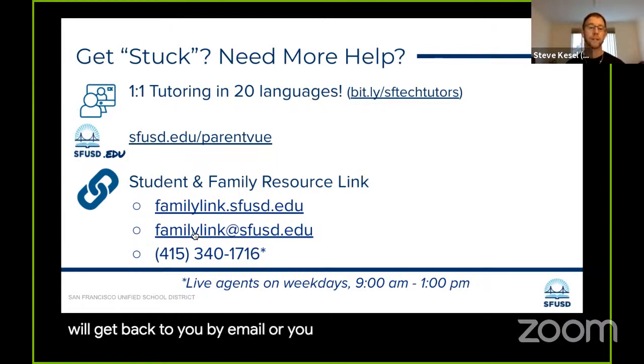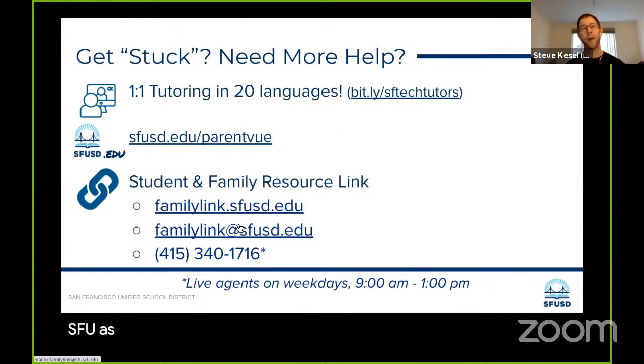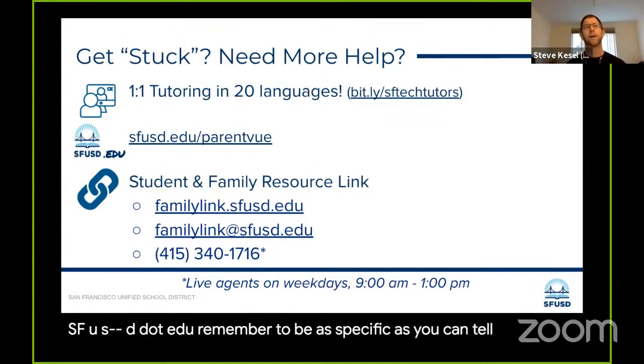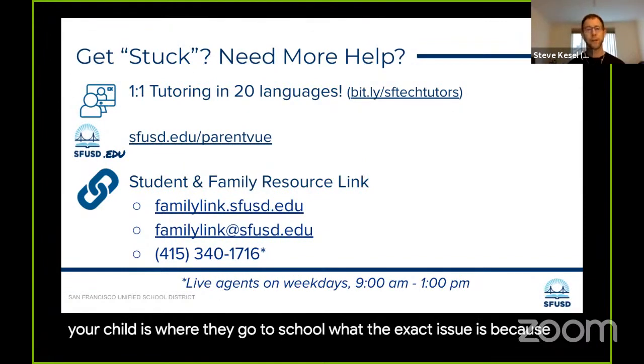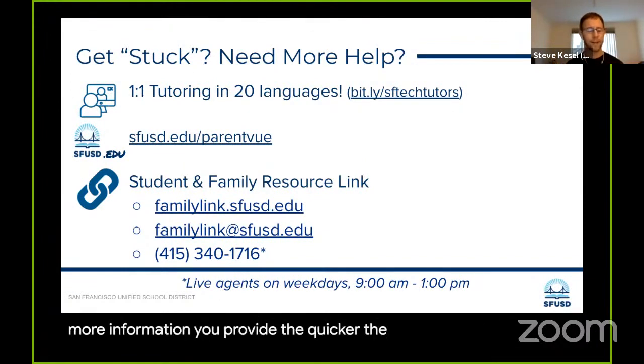Or you can send an email to familylink@sfusd.edu. Remember to be as specific as you can. Tell them who your child is, where they go to school, what the exact issue is, because the more information you provide, the quicker the folks can get to answering your questions.